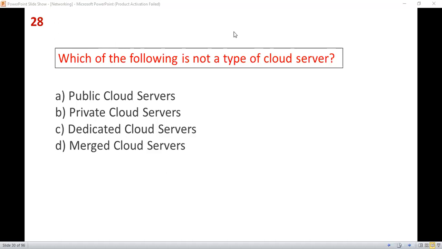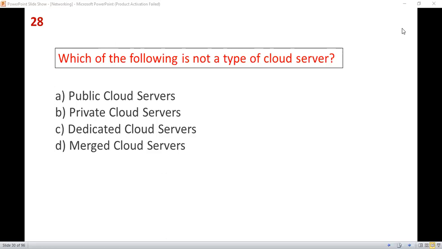Anyone else? See, if we are talking about cloud servers, we have public cloud servers. We also have private cloud servers, where we can store our data, and we also have dedicated cloud servers. But we don't have a merged cloud server.